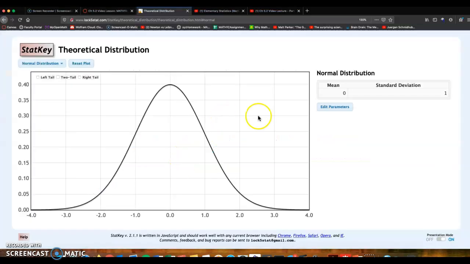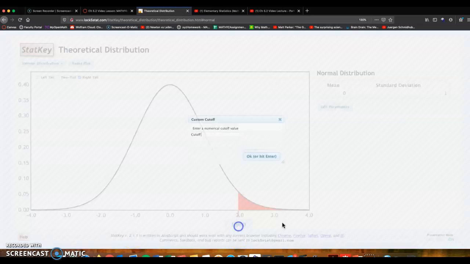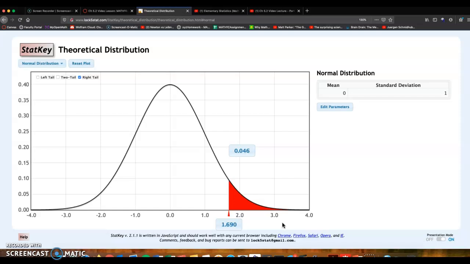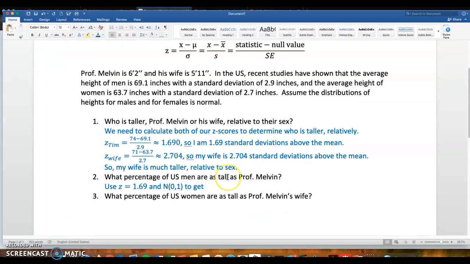Click on right tail because I want to know the proportion of people that are my height or taller, and I need to change this bottom entry, the z-score, to 1.69. So if we assume a normal distribution, this is saying about 4.6% of the population is my height or taller. 4.6% of U.S. men are 6'2" or taller.